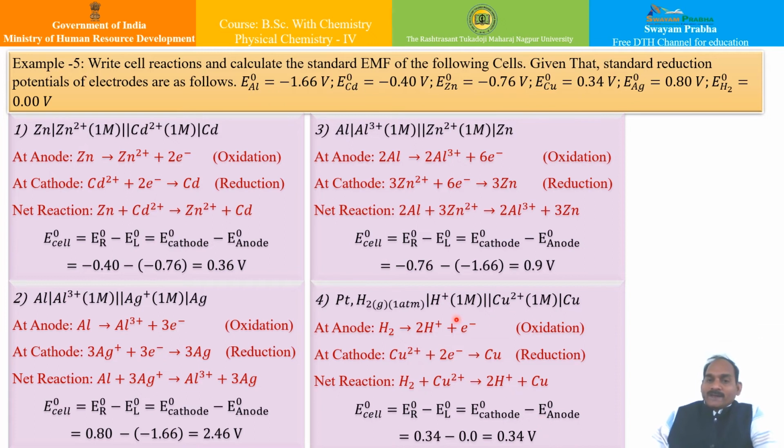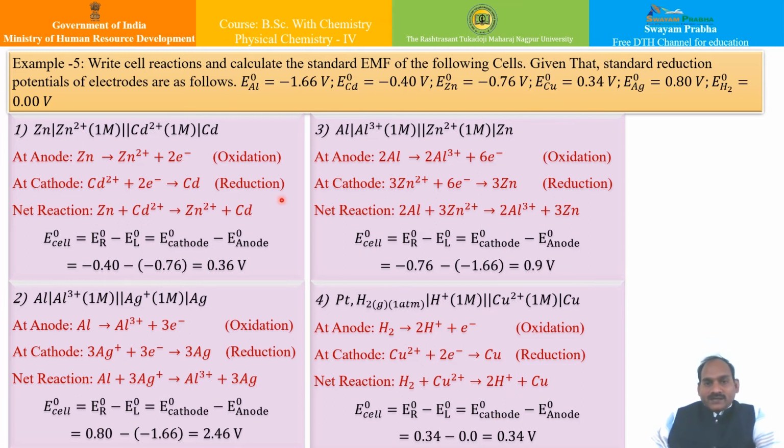So whenever a cell is connected to a standard hydrogen electrode, the standard cell EMF is nothing but the standard reduction potential of the right hand side electrode, that is 0.34 volt. I can take n number of numericals based on this analogy, and find the standard potential of a given cell as per the convention in this manner.